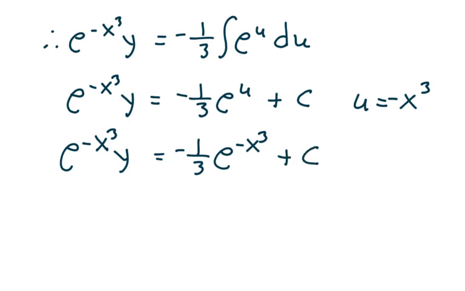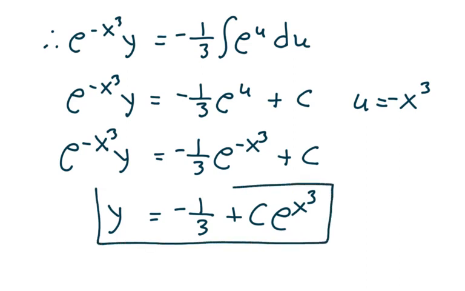Divide both sides by e to the negative x cubed. So y is negative 1/3 plus c e to the x cubed. And that right there is example 4.